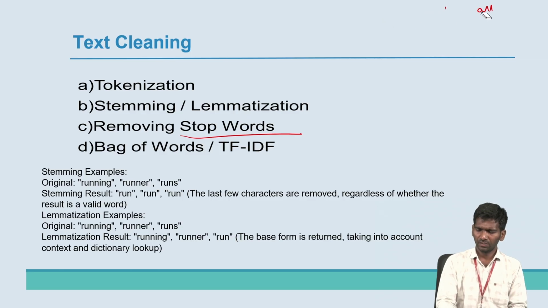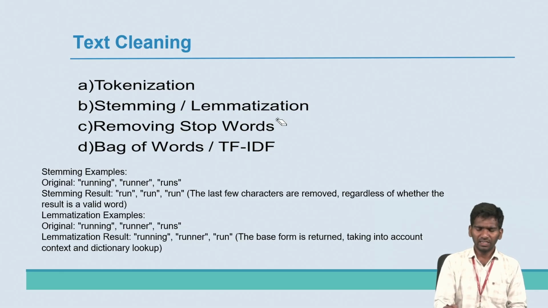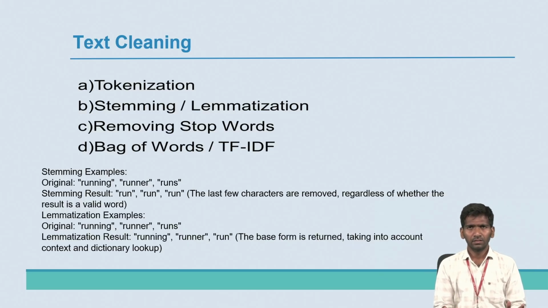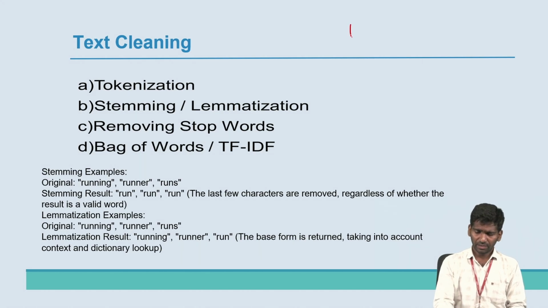Next thing: text cleaning. We will have a bunch of text, so we will be cleaning it. First, pre-processing and cleaning should take place. In that cleaning process, we will remove exclamation marks, inverted commas, and special symbols.